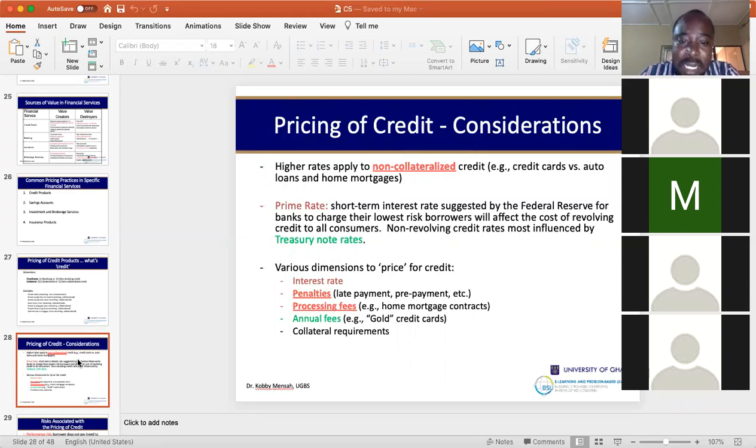So you realize that the rate at which you price credit cards is not the same as the rate at which you would price loans. Credit card rates are always higher than you would ordinarily find with normal loans.